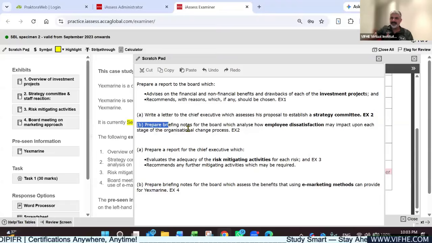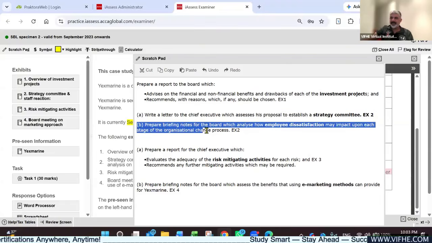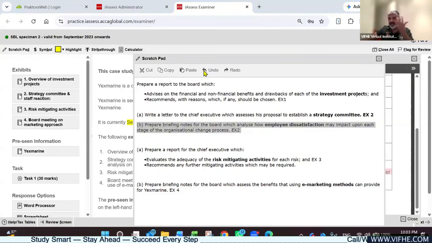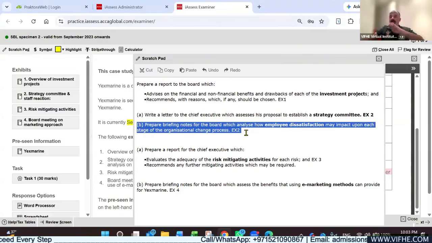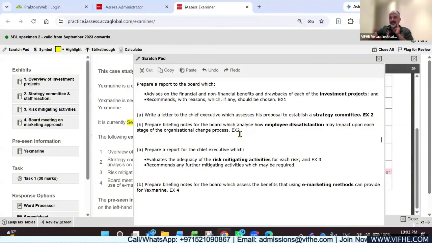Here, this task: how it may impact upon each stage of the organizational change process. So change process is change management, right? So even though there is an exhibit, I will do this question towards the last because this is a slippery topic.